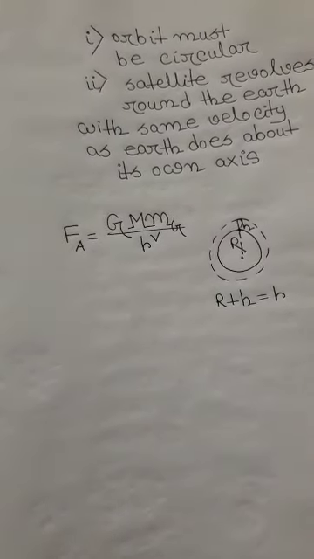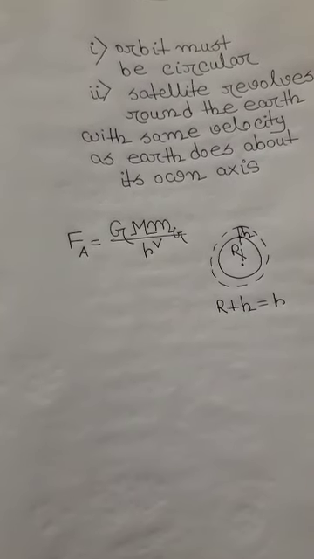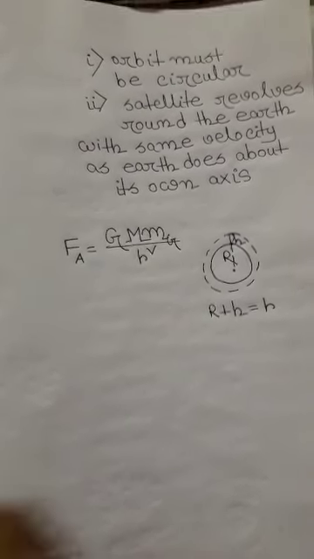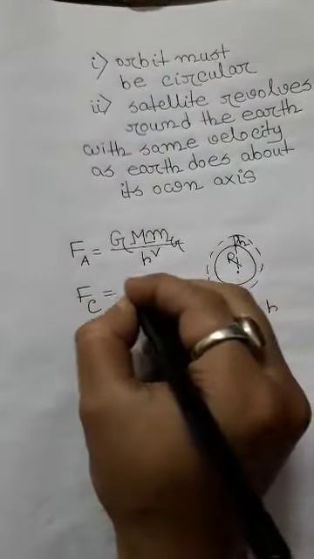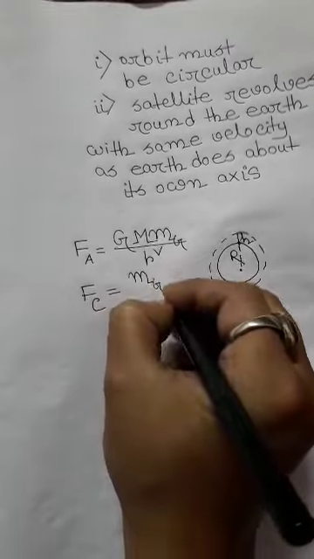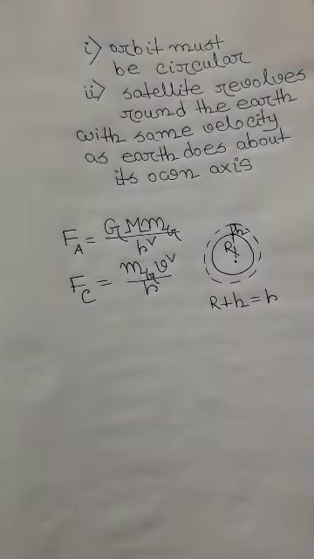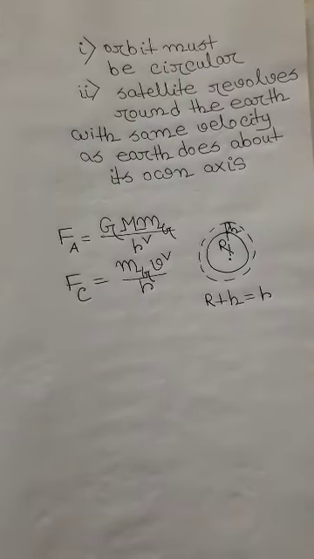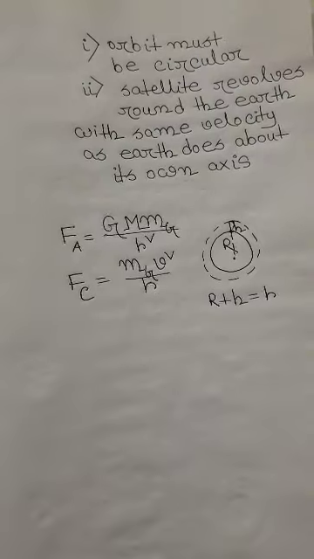And we all know that for any circular motion there must be a centrifugal force. So what will be the centrifugal force due to the rotation of the geostationary satellite? That is m into v square by r, where v is the orbital velocity of the geostationary satellite.